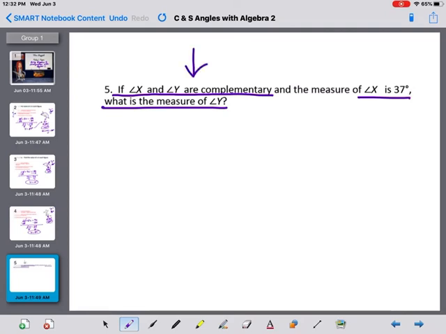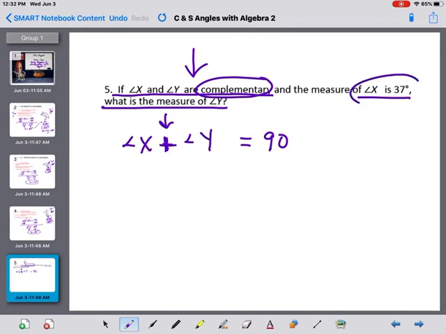Okay, so the first part of the only sentence is really the key to setting up this problem. As soon as you know that they are complementary angles, you know they have a sum of 90 degrees. And it's telling us that angle x and angle y are complementary, so their sum would have to be 90 degrees. You're also told that x is equal to 37 degrees.